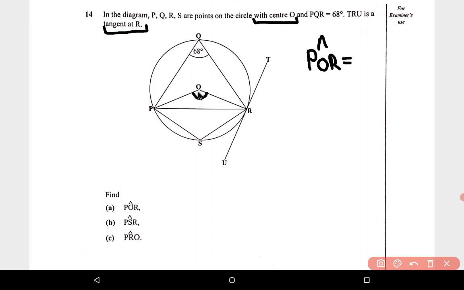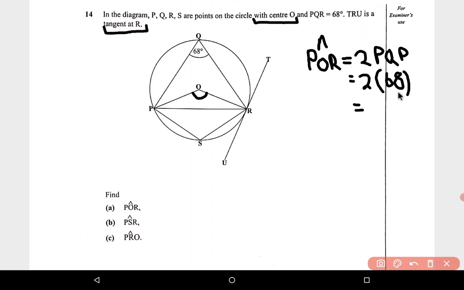So we're going to say that POR is 2 times PQR, and this will be 2 multiplied by 68.